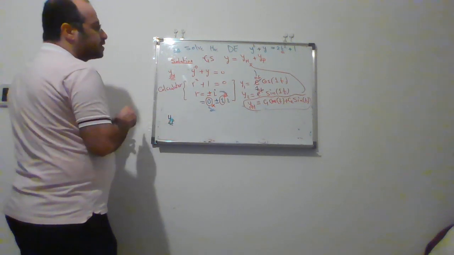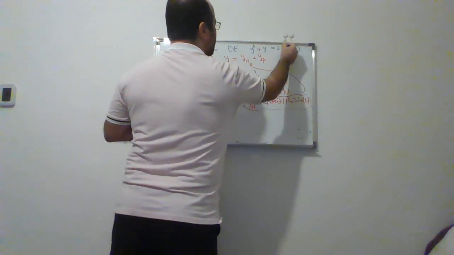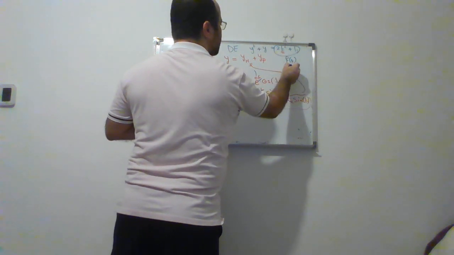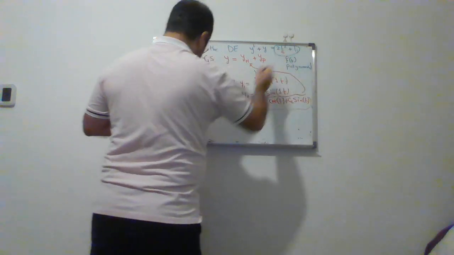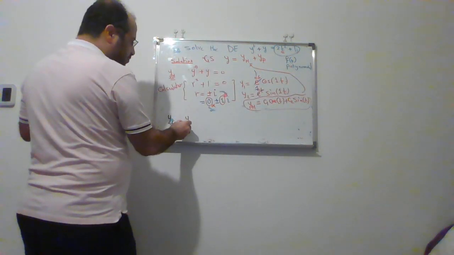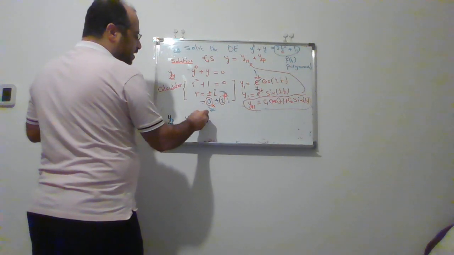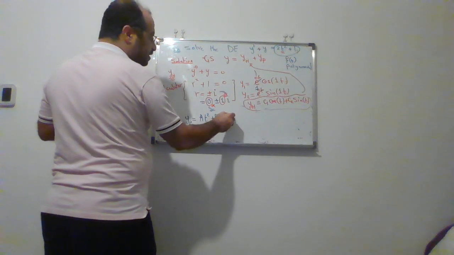To find y particular, you go for f of t. This is f of t. It is a polynomial of degree 2, so I have to consider a polynomial of degree 2. And we said the good choice is a t squared plus bt plus c, right?